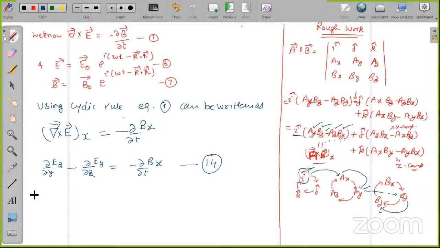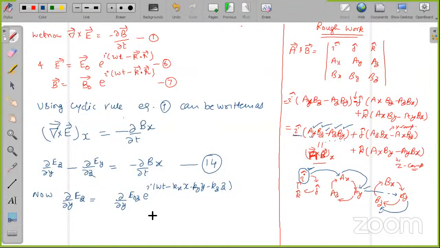Now what I need is curly upon curly y of Ez. Please tell me what should this be? Please speak what is Ez. It will be E0z e raised to power iota omega t minus kx x minus ky y minus kz z.